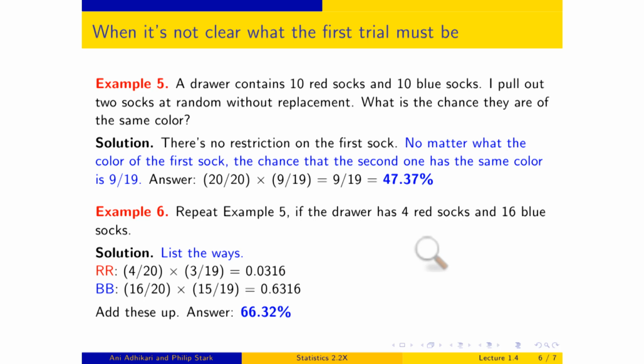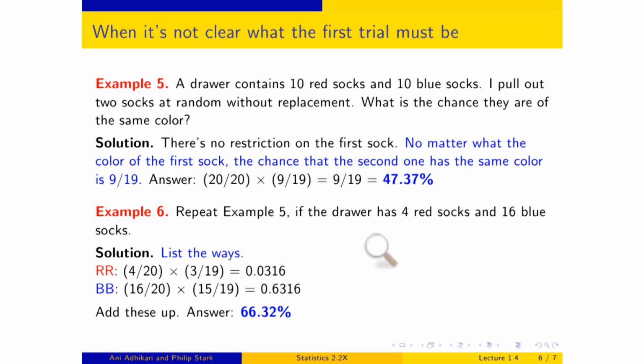So here is a situation where what the first trial has to be did not have a sharp answer. And we found that we weren't able to deal with the second card. And so the answer wasn't simply a product of fractions.